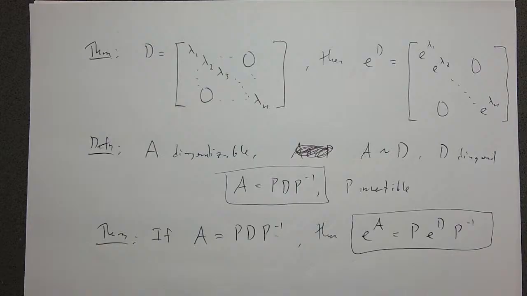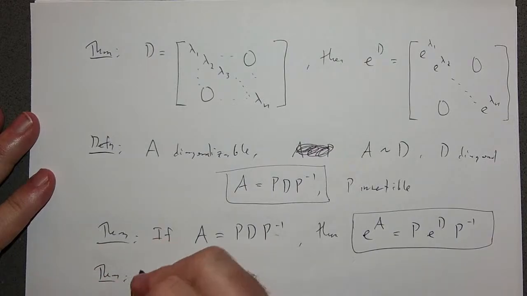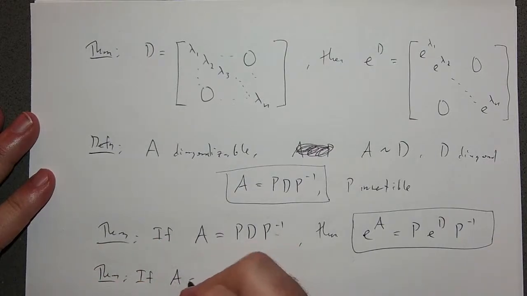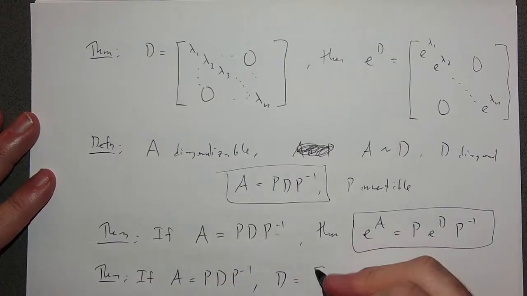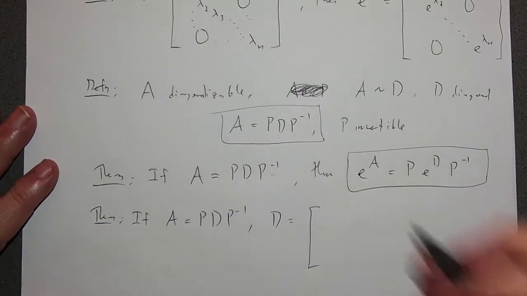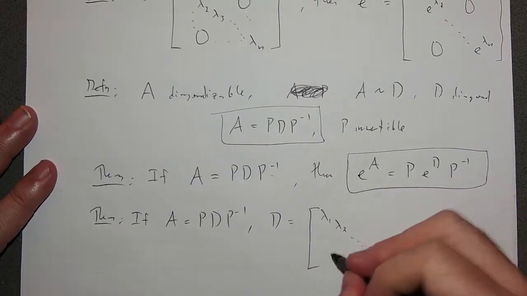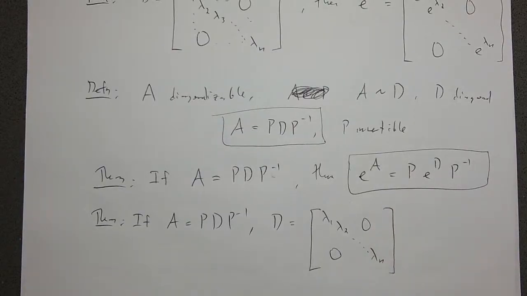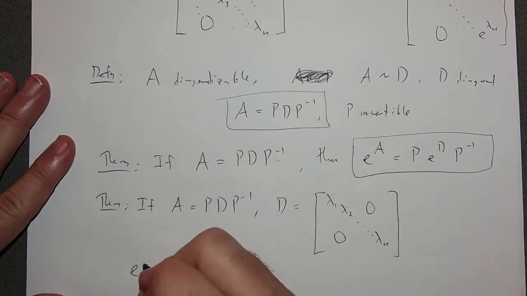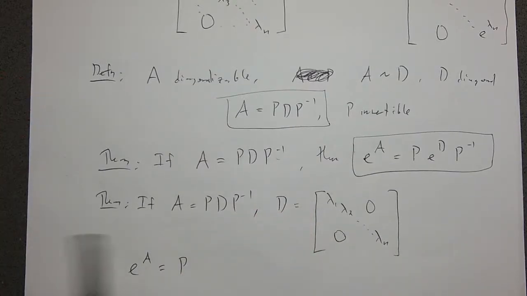So putting those together, this means that if A is P D P inverse, and D is the diagonal matrix containing the eigenvalues of A, possibly listed with multiplicities, then e to the A is P e to the D P inverse. How do you construct P if A is diagonalizable?